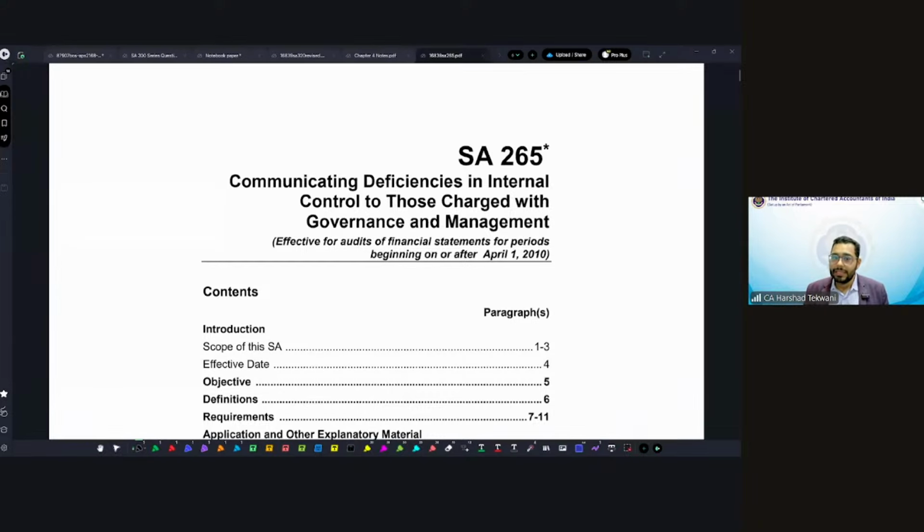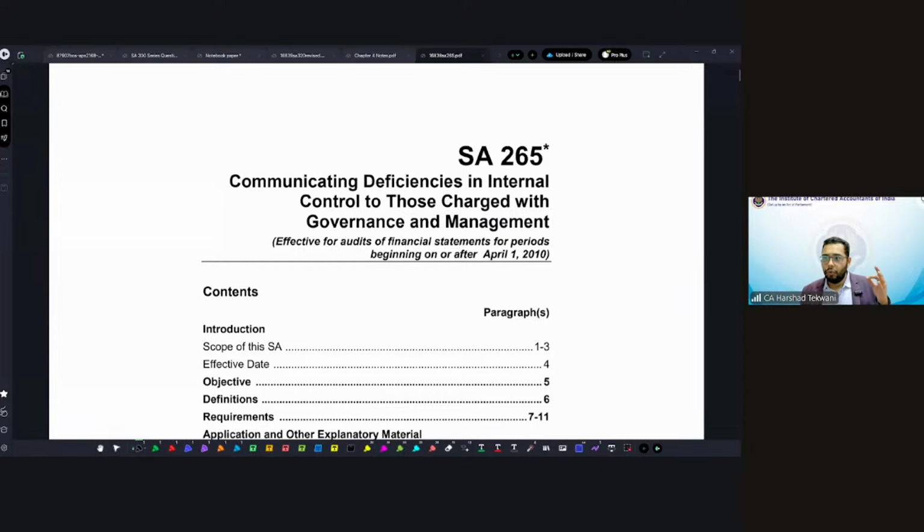The reason is that internal control is designed to prevent and detect misstatement. If the internal control does not work appropriately, it does not by default mean that you have a misstatement. For example, in a lot of organizations, small entities, you will find that there is no internal control at all.